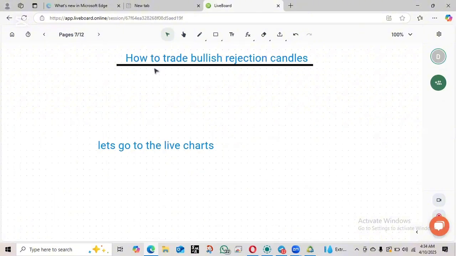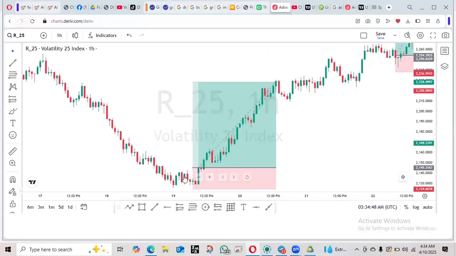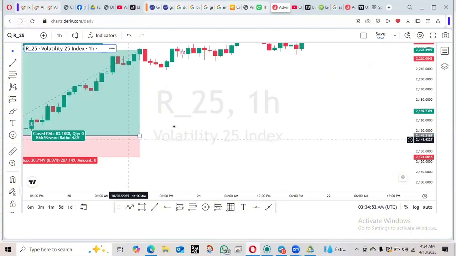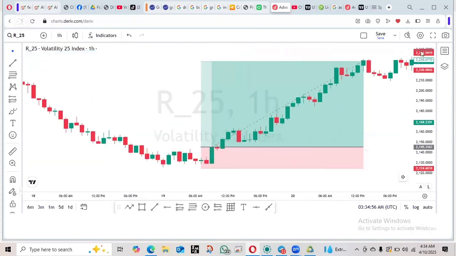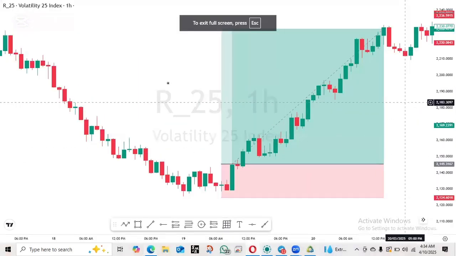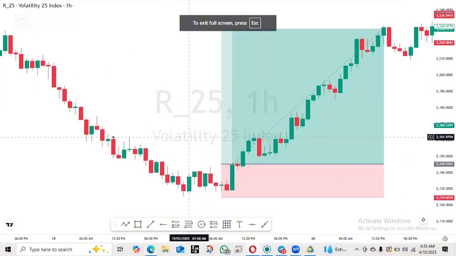Okay, so how to trade bullish rejection candlesticks. Now let's go to the live chart. Let me show you what I'm saying. Starting with the bullish engulfing candlestick pattern. Now I want you to look at this. It's the bullish engulfing candlestick pattern here. Just take a closer look.